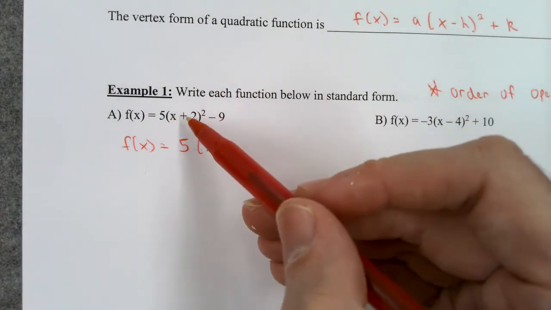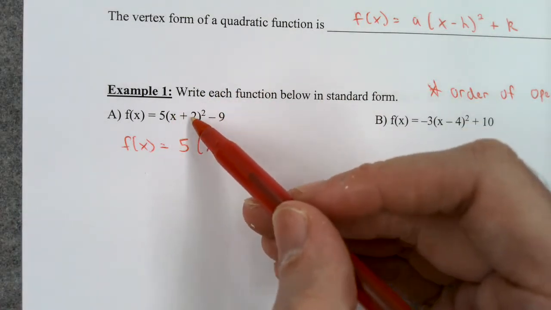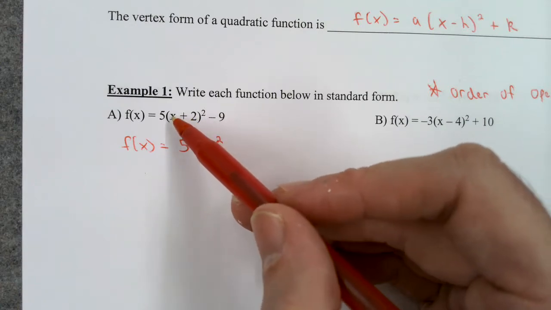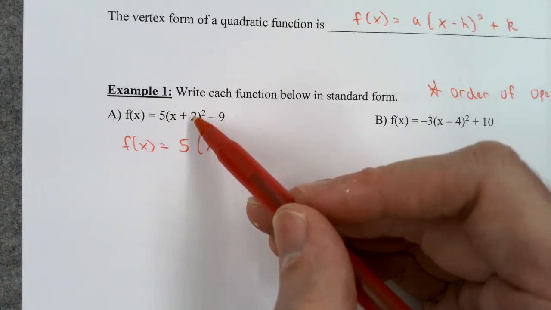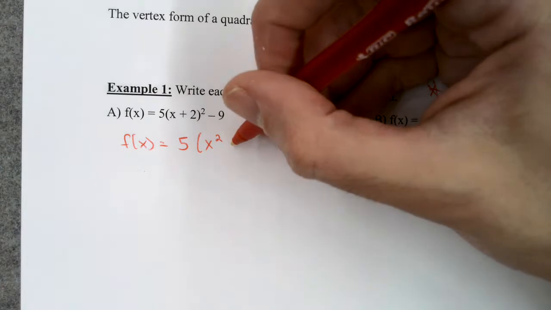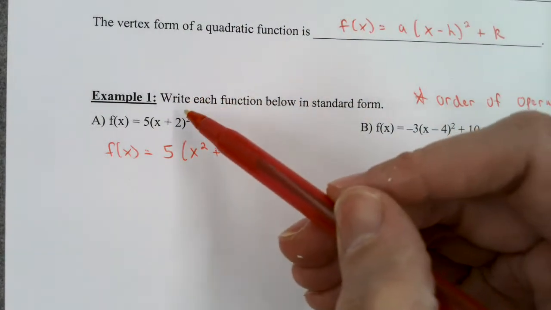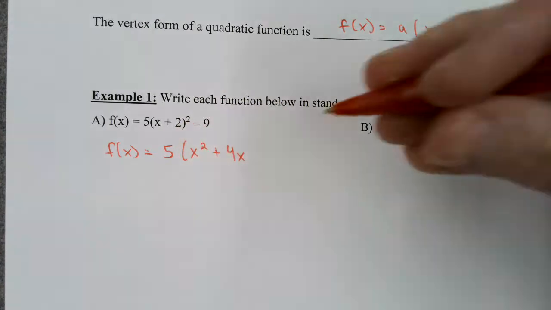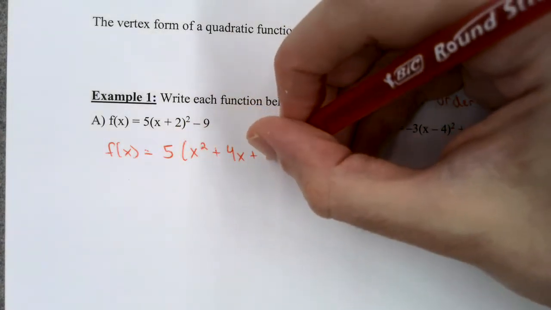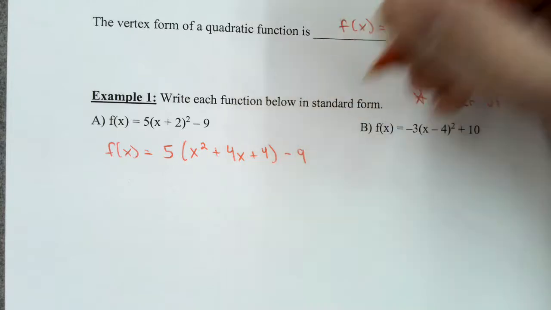You multiply these two terms together, and then you double it. So if you multiply these together, you get 2x, and if you double that, you get 4x. And then you square this term. 2 squared is 4. Then we have the minus 9 still.